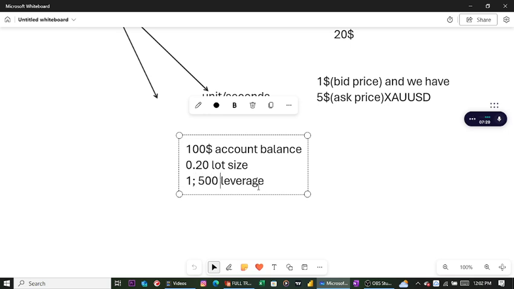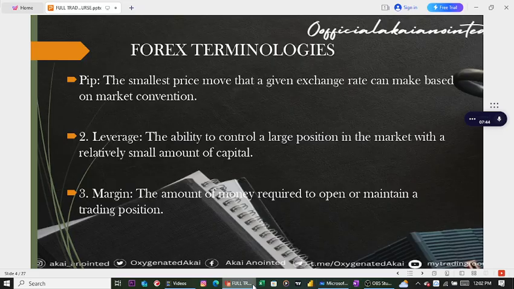Some brokers give leverage as high as 1 to 2000, that's for Exness. But my preferred leverage is always 1 to 500 or 400. So that's what leverage is. In layman's language, it is like using someone's money to trade in places where you have insufficient funds. So what is margin now?